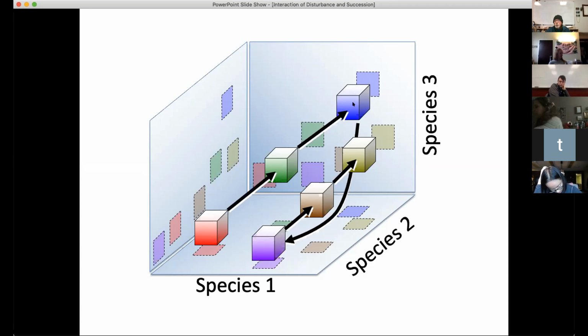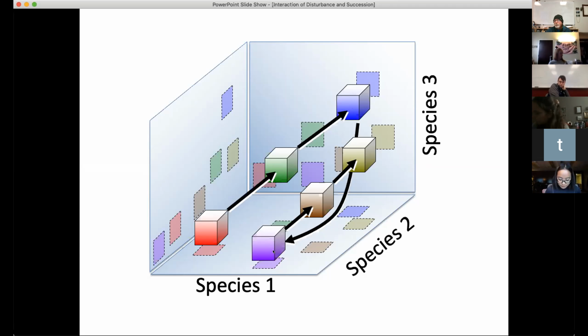So oftentimes disturbances don't take you back to where you began, they take you back to someplace different. And then you go through succession, but that succession ends up looking different because of this. So a slightly more complicated way of thinking about succession than the way that we used to.